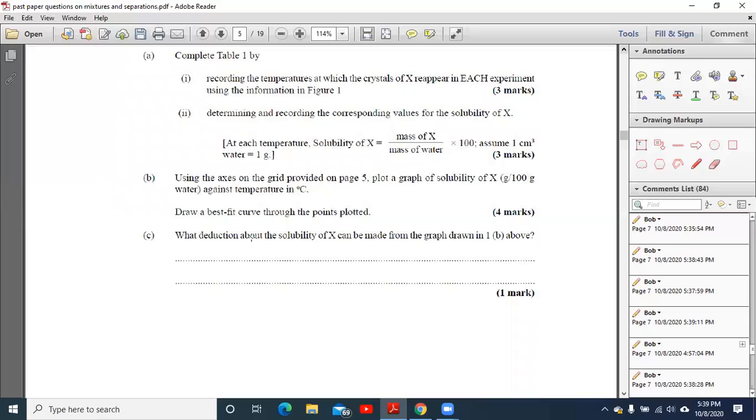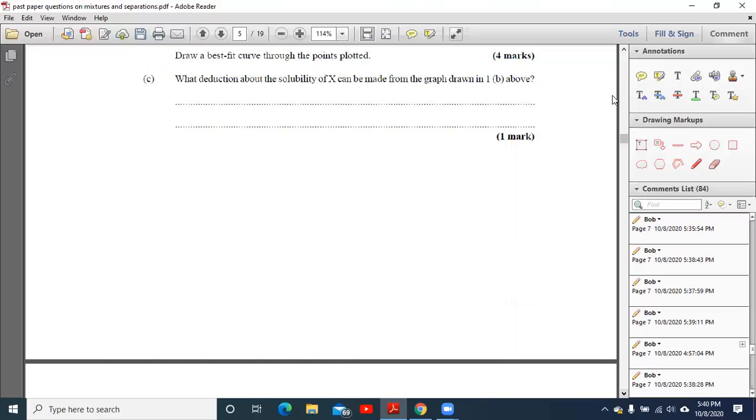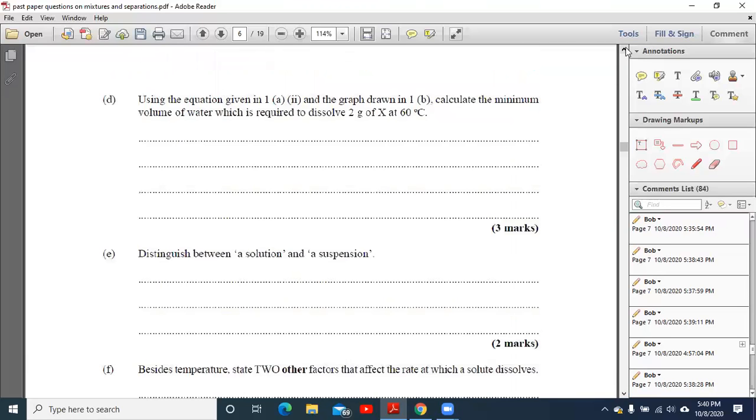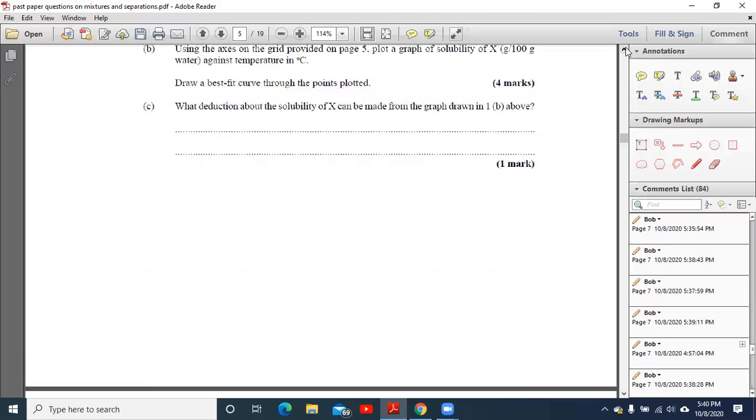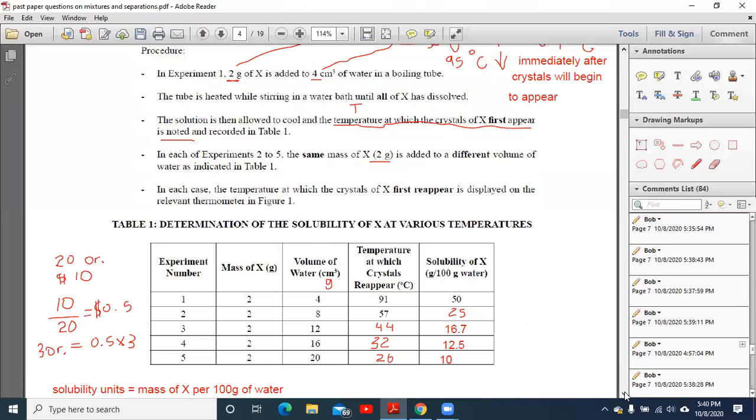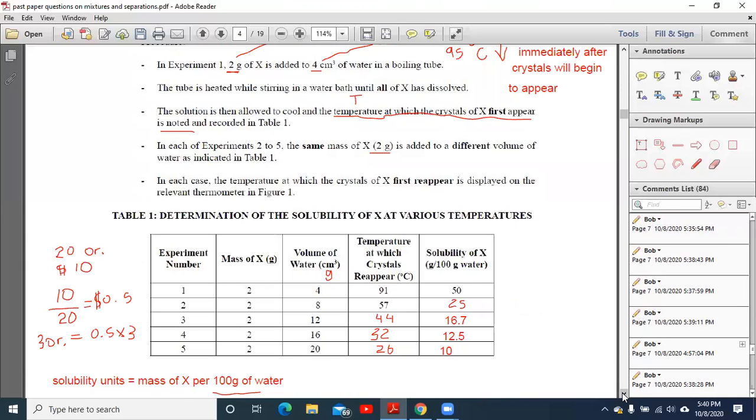What deduction about solubility of X can be made from the graph drawn in one above? So what general trend are we seeing when we look at the graph? Okay, where is my graph? The graph is below, sorry.